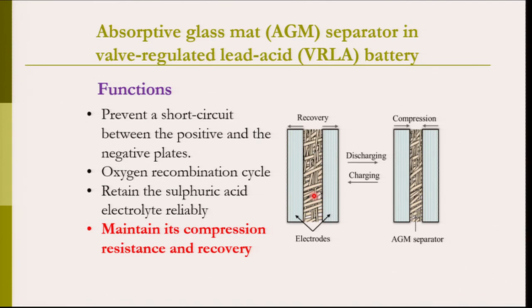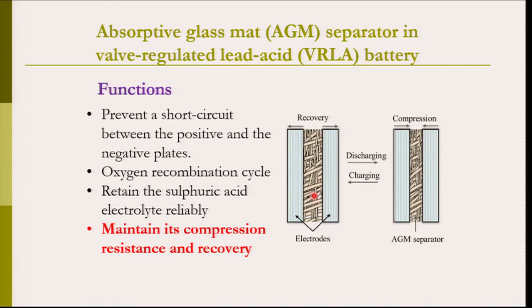For example, the pore size is also affected by the compression force. Similarly, the wicking characteristics, because the sulfuric acid has to move in an AGM separator, and the distribution of sulfuric acid is significantly dependent upon the wicking characteristics of these glass fiber mats.